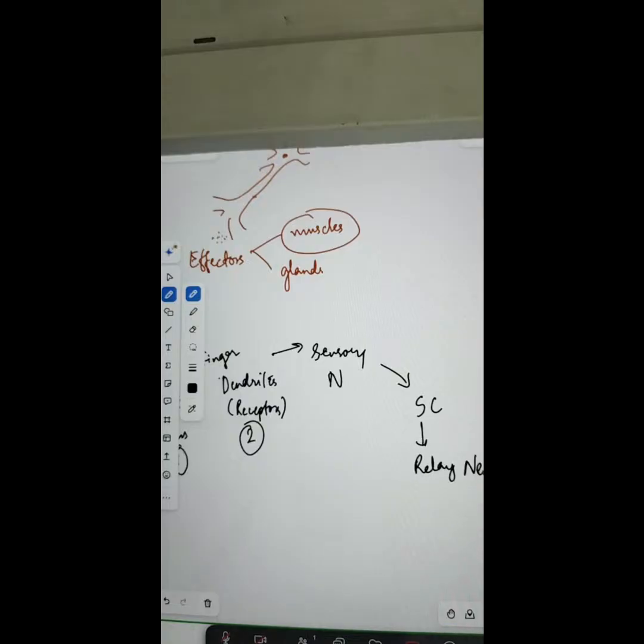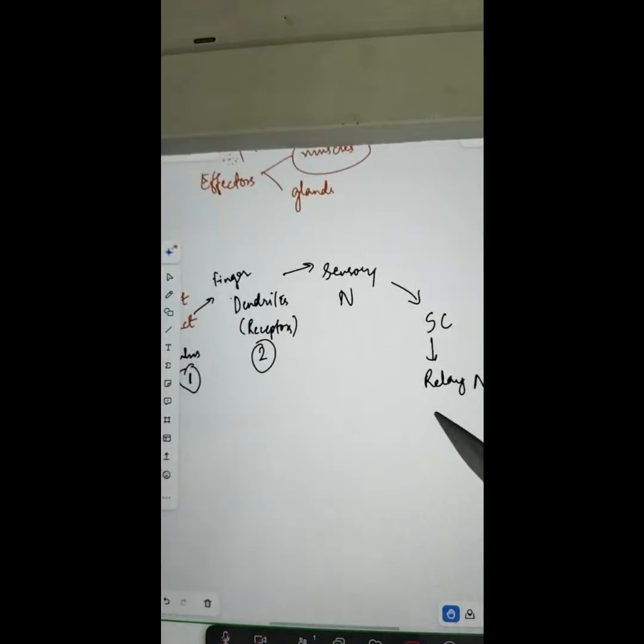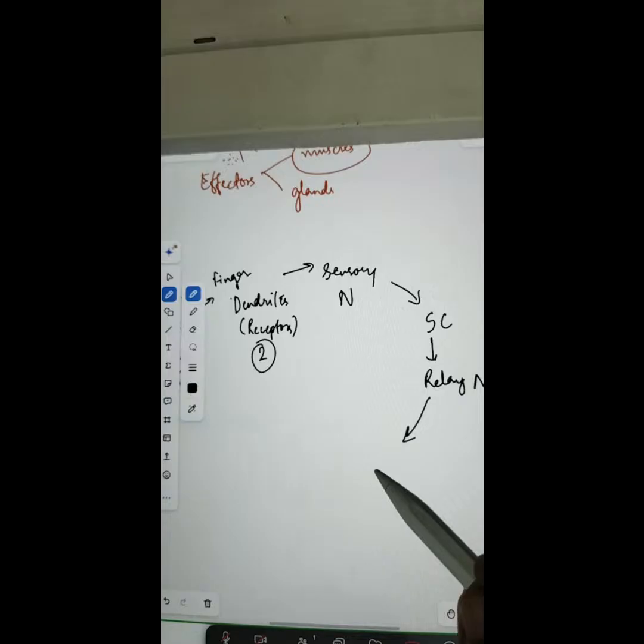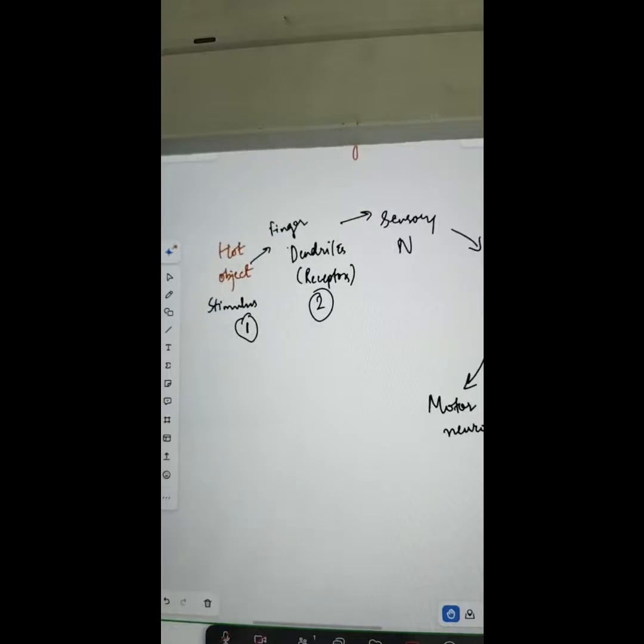The relay neuron is there, and this relay neuron will be collecting the information sent by the sensory neuron, processing the information and giving it to the motor neuron. Only one motor neuron will not be giving information to the muscles or to the glands. There will be a set of motor neurons arranged end to end.